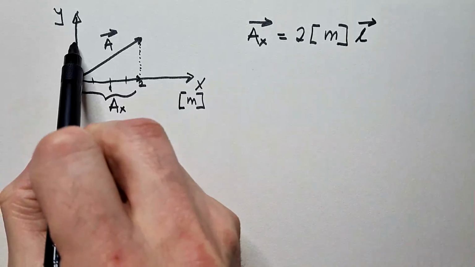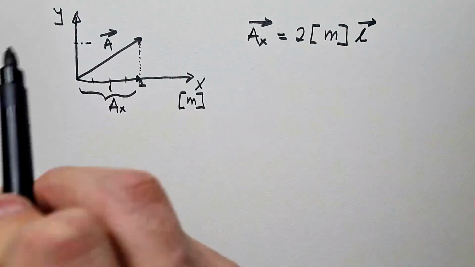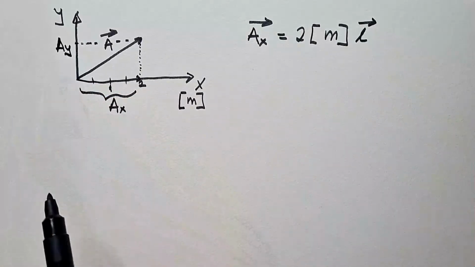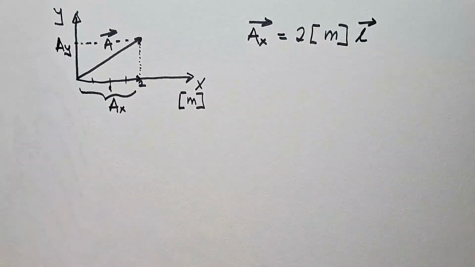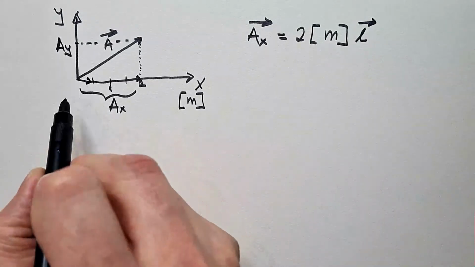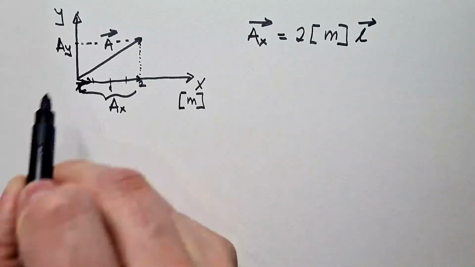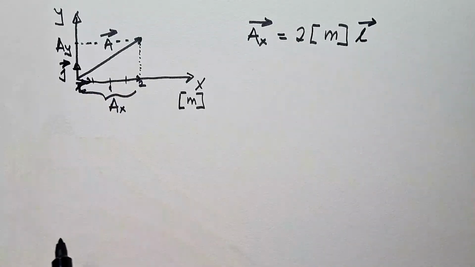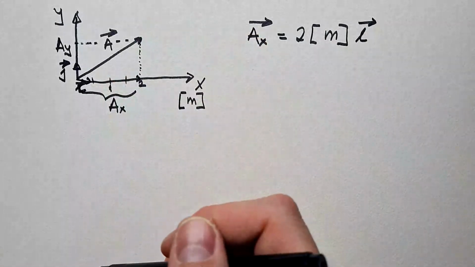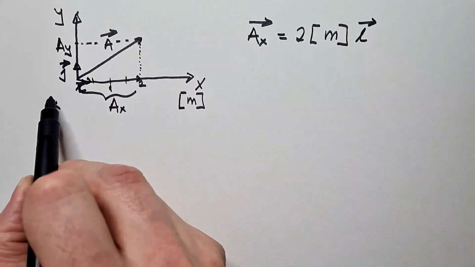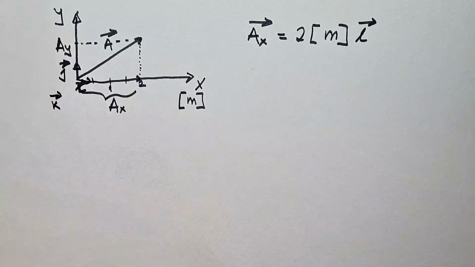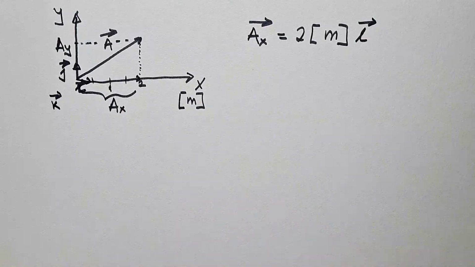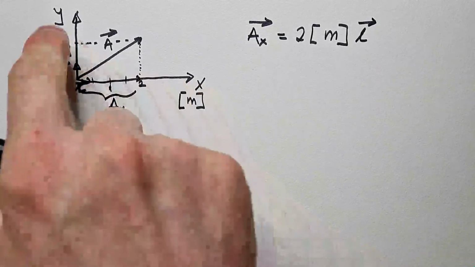And clearly I could do the same thing in the y direction if I choose to decompose this and get my Ay component. So unit vector i is in the x direction, and here we would say we have unit vector j that is in the y direction, and there is also unit vector k that is in the vertical or z direction, but for simplicity I only included 2 dimensions here, x and y.